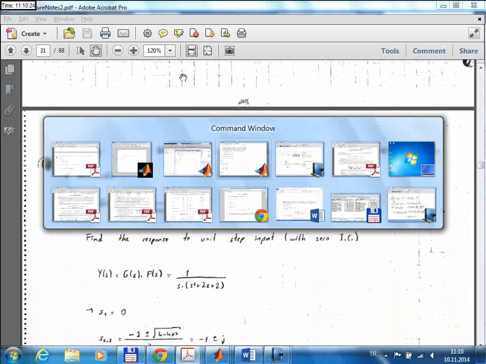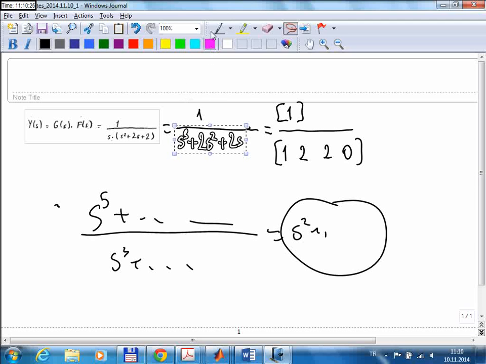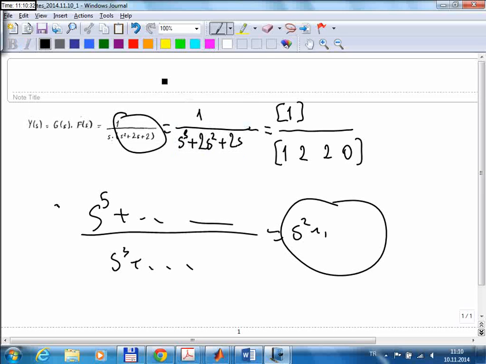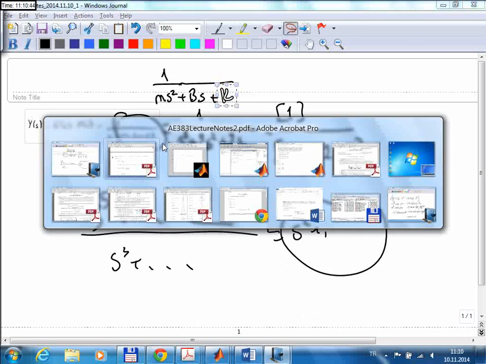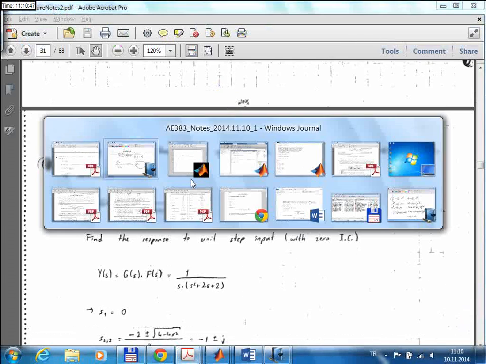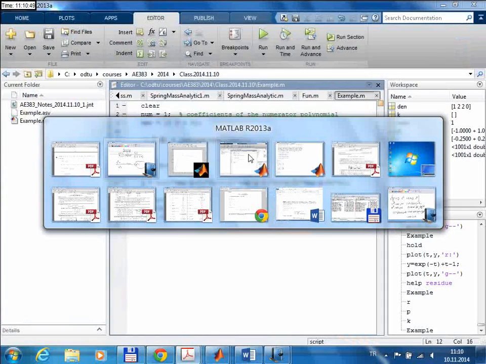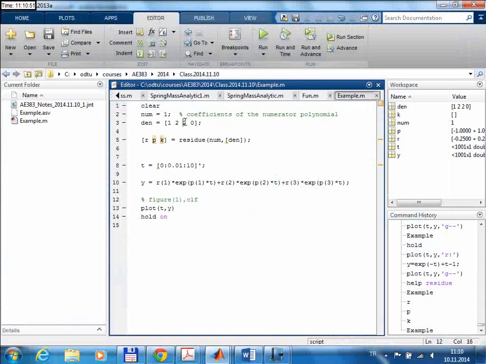So the function. So in the general sense, this was really 1 over m s squared plus bs plus k. Okay, so let's see what happens if I change the spring constant. So the spring constant value was 2.